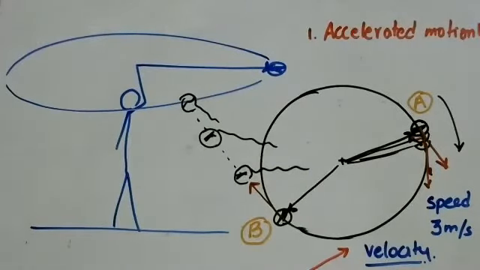Now from the second law, we can say that if an object is undergoing accelerated motion, then there has to be what? What causes an object to accelerate? A force. Of course.